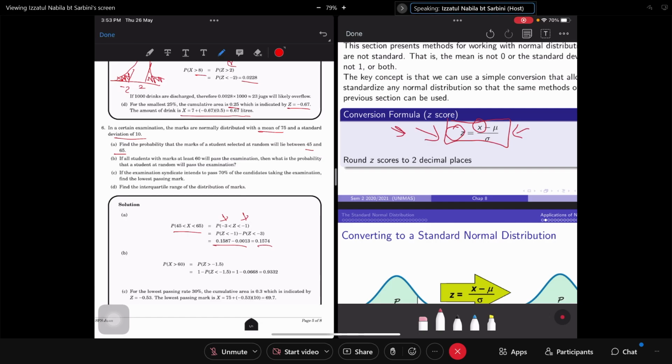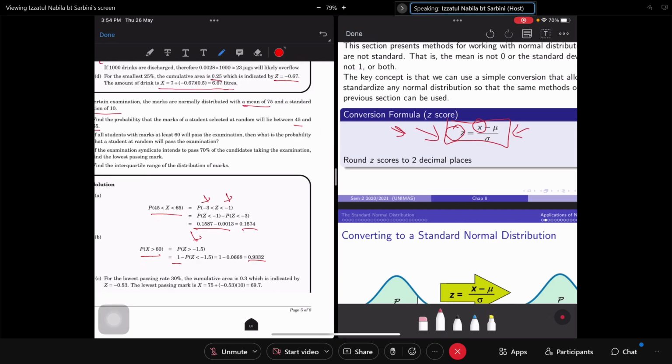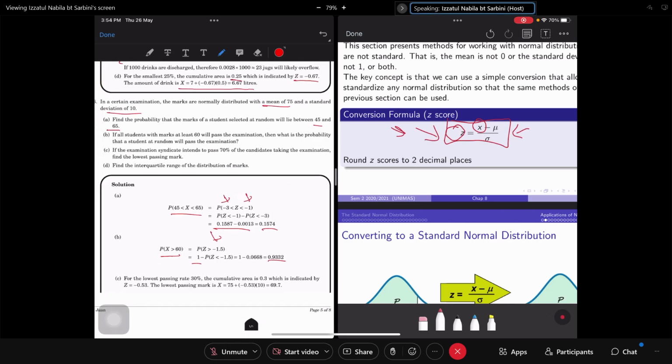You have to convert it to Z score and then just refer to the table and then subtract if needed. And for this one, X more than 60, convert into Z and subtract from 1 because it is more than. So you get this 0.9332. Okay. Stop me whenever you want to ask questions.